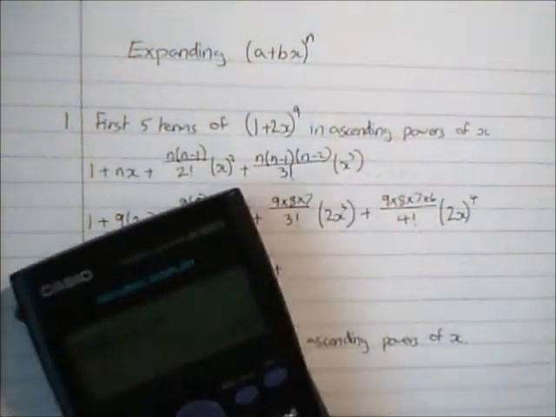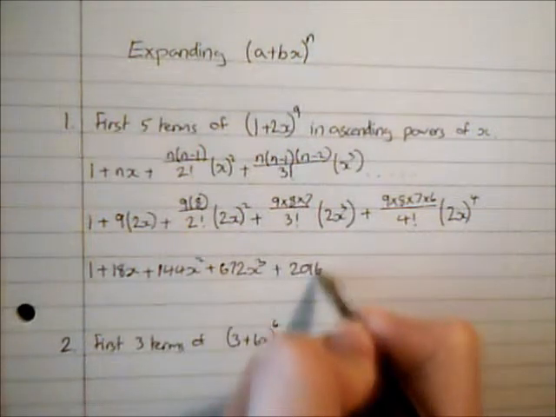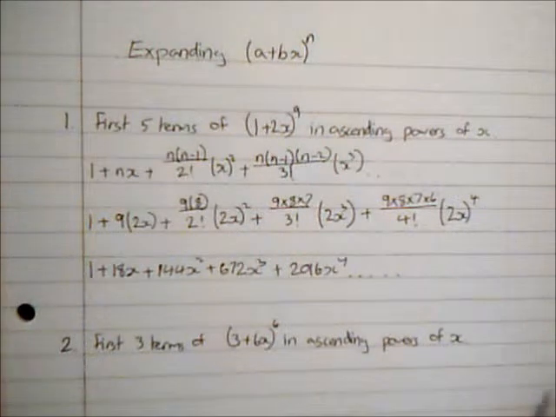And then the final term, 9 times 8 times 7 times 6 over 4 factorial multiplied by 2 to the power of 4, 2016. And that will continue, so I'm going to put dot dot dot. So I have the first 5 terms in ascending power of x.